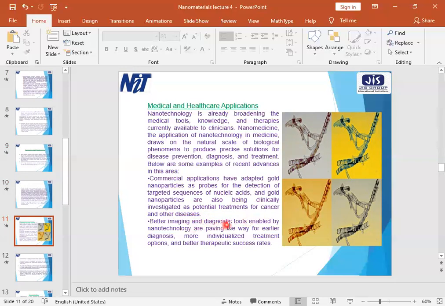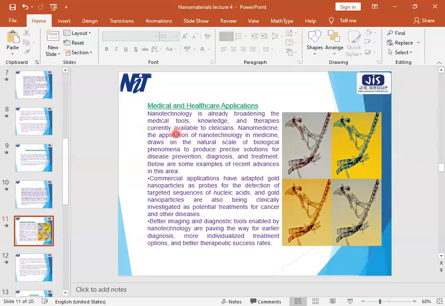Better imaging and diagnostic tools enabled by nanotechnology are paving the way for earlier diagnosis. You see, this is a carbon nanotube. Diagnosis can be done earlier, with more individualized treatment. You have seen in some of the tests, it is written that if the range is from here to here, this will happen.